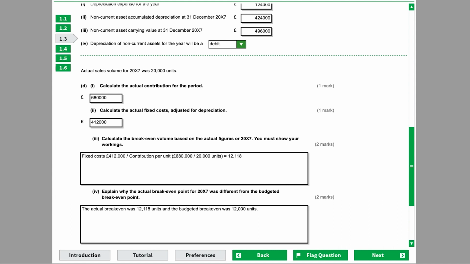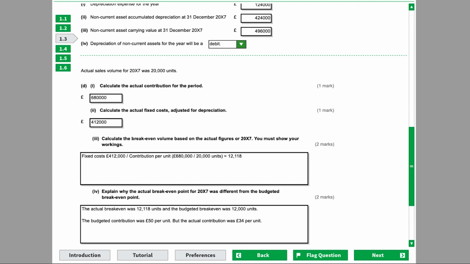We then need to describe, well, I would describe 2 changes as to why that has happened, because it's worth 2 marks. Now, the first point that I would raise here is to do with contribution, because we originally worked out that the budgeted contribution was £50 per unit, but the actual contribution was £34 per unit.